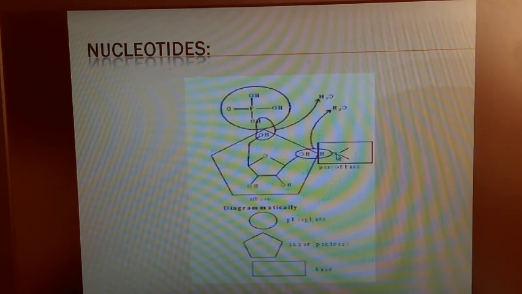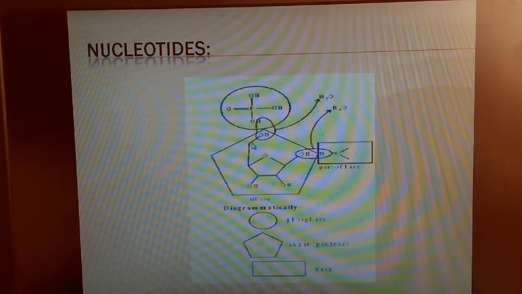Likewise, the similar thing with the base also. This was the base. With the first carbon atom of sugar, OH is eliminated and it forms an N-glycosidic linkage. Here OH and H are removed, that is H2O. Where we can observe it is O minus and this CH2 plus. It is OH minus, CH2 plus, H plus, O minus.